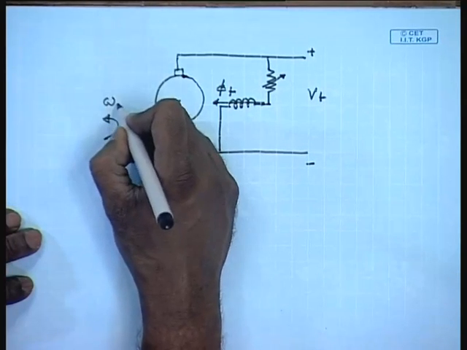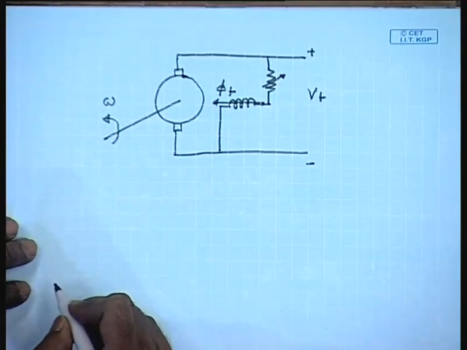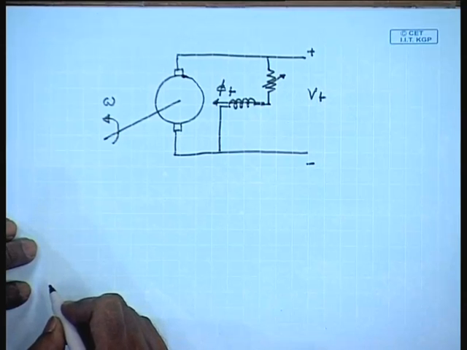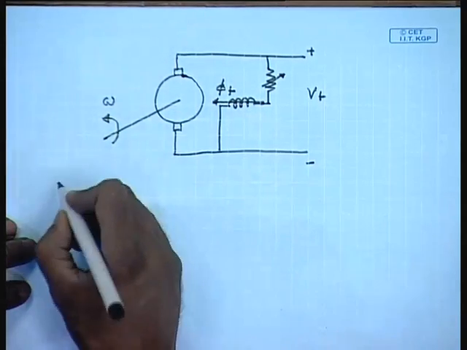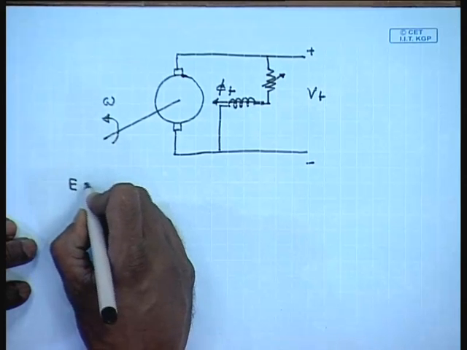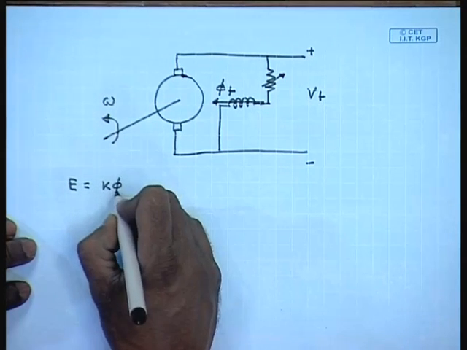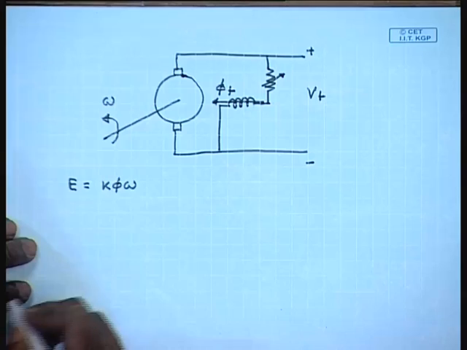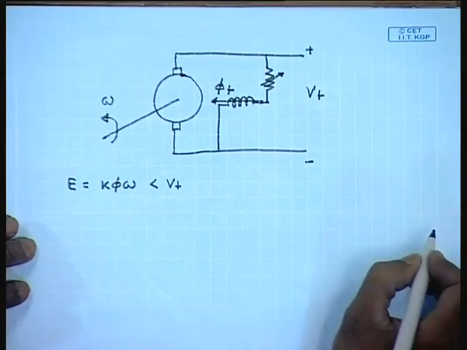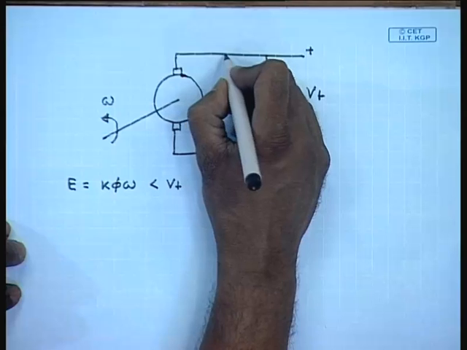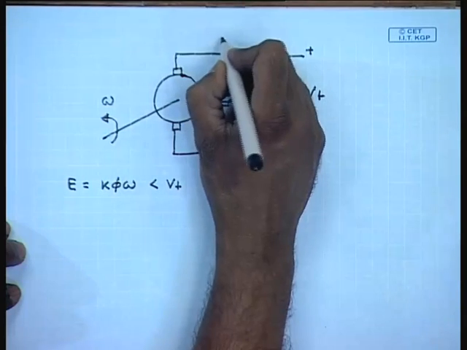Now, let us say at any time it is rotating at a speed of omega. In that case, the induced voltage E equal to k phi omega as in the previous case, and we are assuming that this is less than Vt. So, for this case the current will flow into the armature.